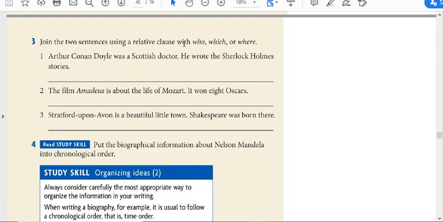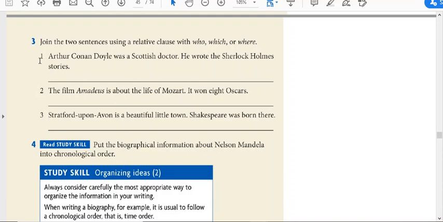So we got who and which for the animate as relative clauses. Relative clauses are the same as the relative pronouns. So we got who, which, and where. Who we use for the animate, which for inanimate, and where is used for places.